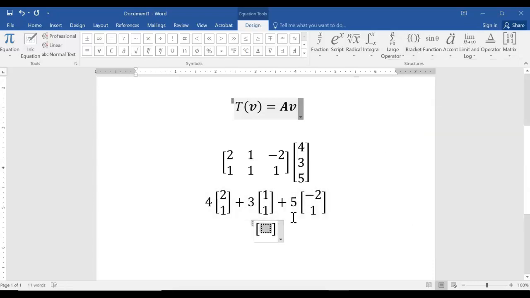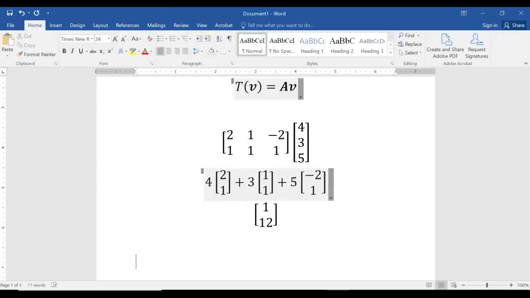Let me write that down. Then 4 times 1 plus 3 times 1 plus 5 times 1 gives me 12 for the second entry. Hopefully I calculated all that right.